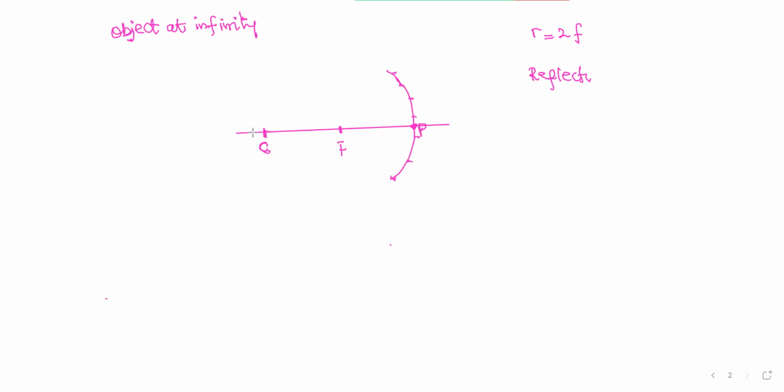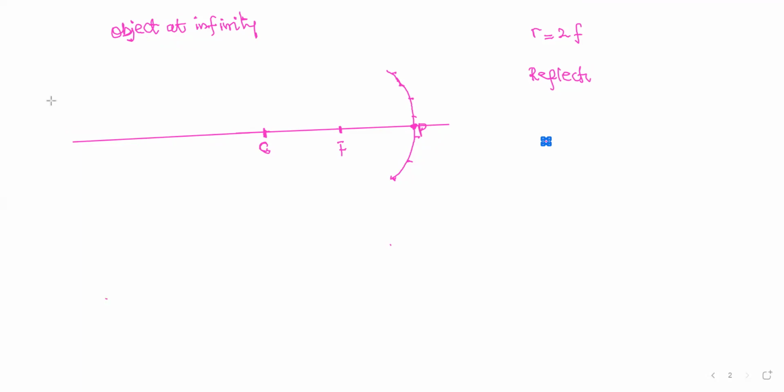Are we listening? Yes, sir. Yes, please, sir. And this must happen because of the principle of reversibility. So to show that the object is at infinity, rays coming to the mirror must come in that parallel manner.